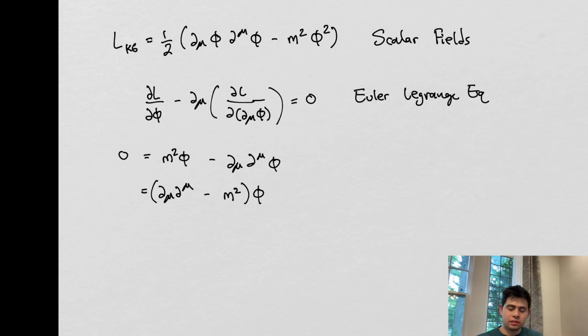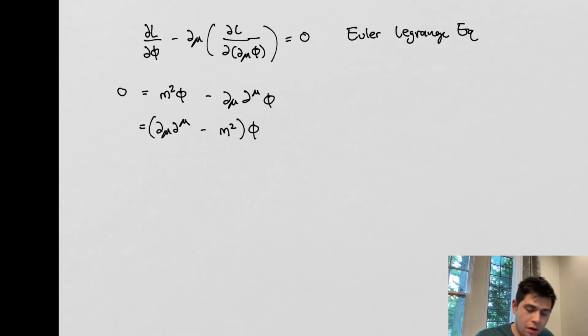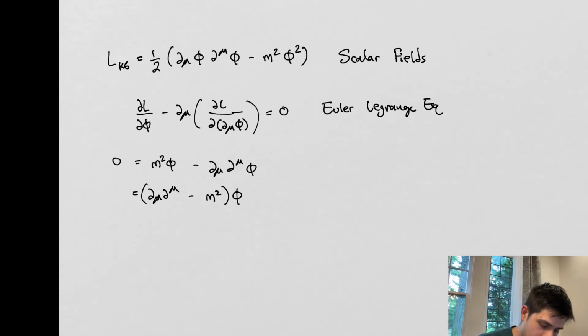And so in this notation, this is acting as an operator, right? But we won't get too deep into the idea of operators yet. But here it is. So this here is our Klein Gordon equation. I'll erase this.